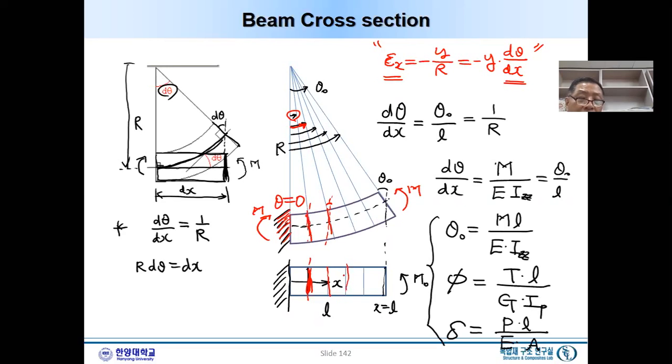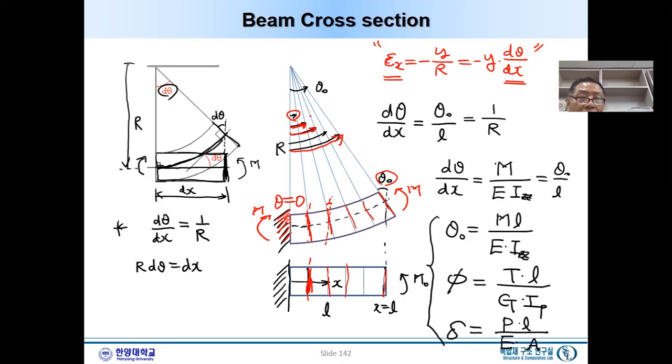We do the same thing for all cross sections, and finally at the end we have theta 0, where we apply the moment. Okay, so what we can obtain from this relation is that, say arbitrarily, this is theta.